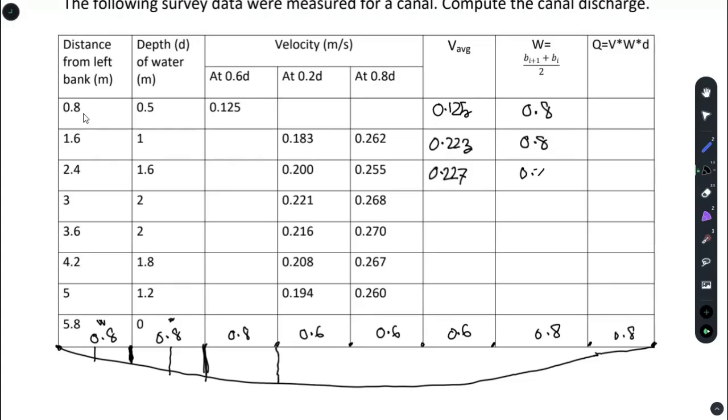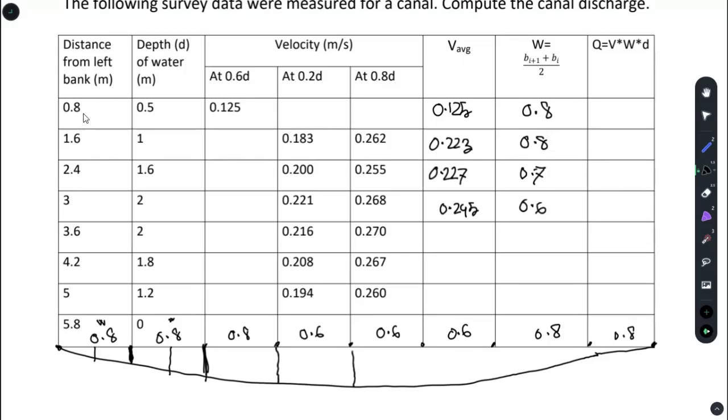You will get a width of 0.7. And for these, 0.268 and 0.221, you will get an average velocity of 0.245, and you will get a width of 0.6, half of 0.6 and half of 0.6.